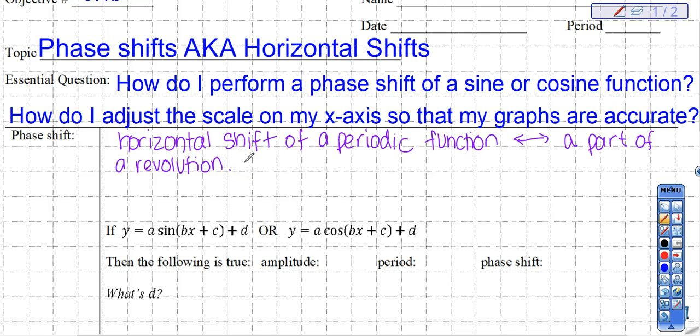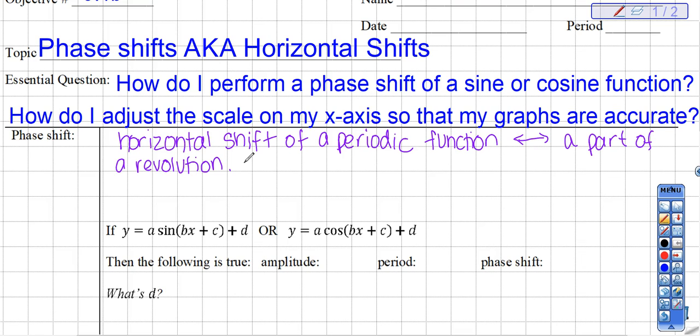So typically when we're talking about your cosine and your sine functions, we like to start at 0 radians and we'll graph 1 full revolution or 1 full cycle to 2 pi radians so that we can get the behavior of that graph and the wave. And then we can just repeat the cycle or the period.